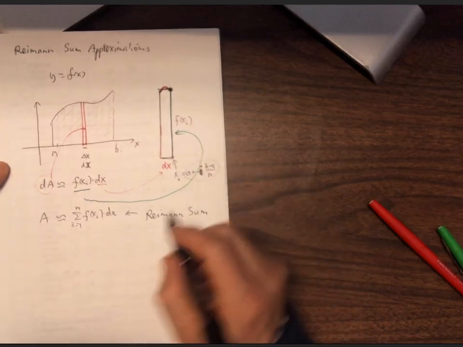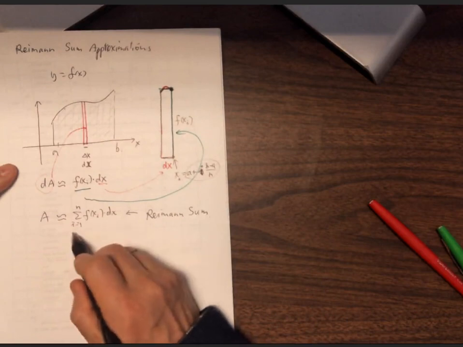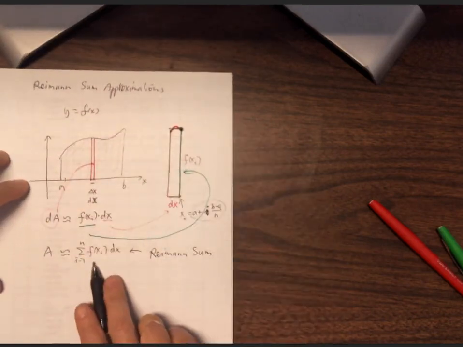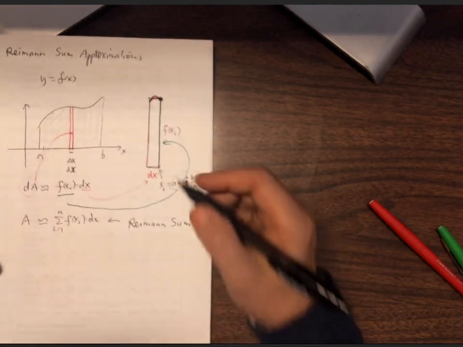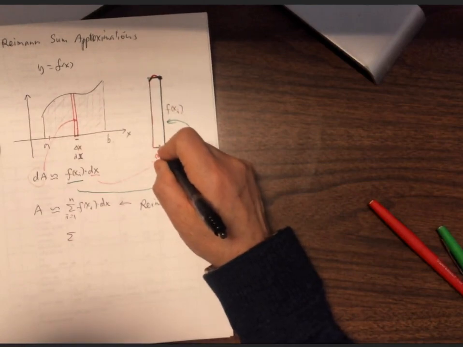Anyway, if we use the right end point, this formula is called the right end point Riemann sum approximation.